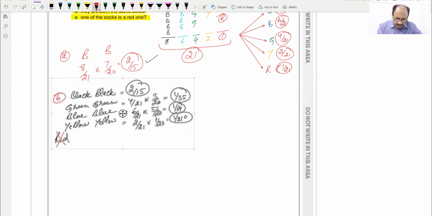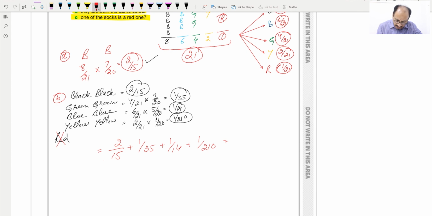Now this one I have reduced, and now we can add all the probabilities. So 2 over 15 plus 1 over 35 plus 1 over 14 plus 1 over 210.